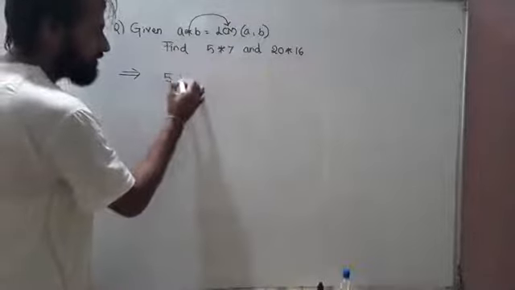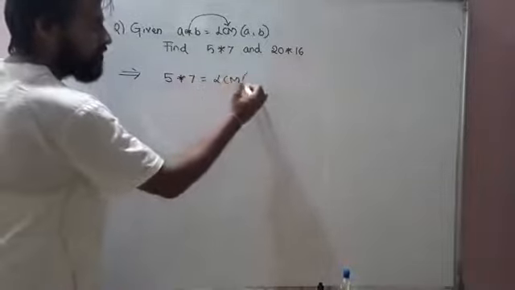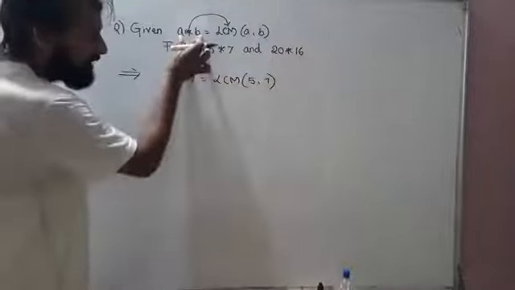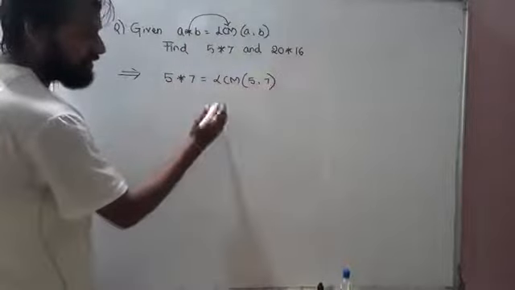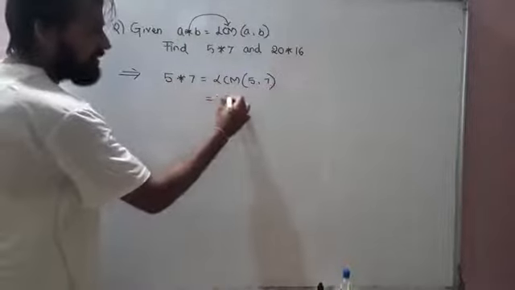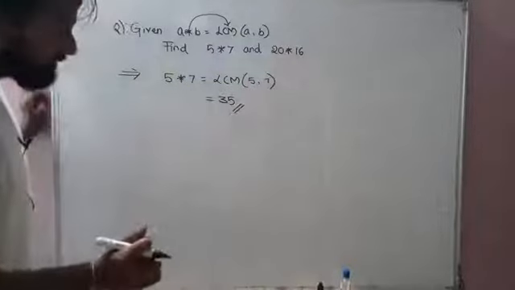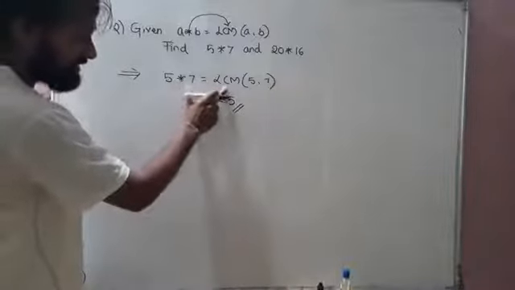If I write 5 star 7, this means LCM of 5 and 7. I am just replacing A and B with the given numbers, isn't it? Now I need to find LCM of 7 and 5, and that answer is 35. I hope all of you know how to take LCM, right?